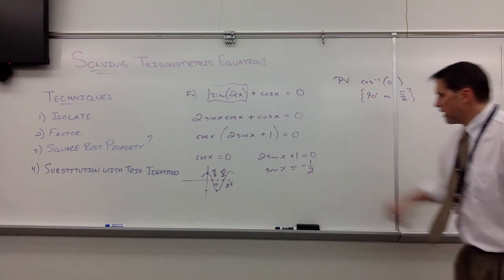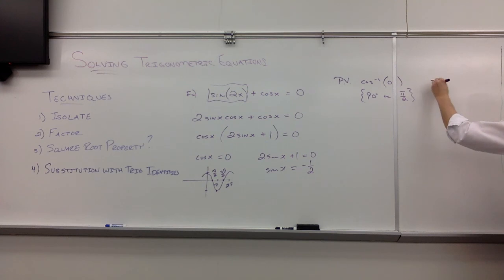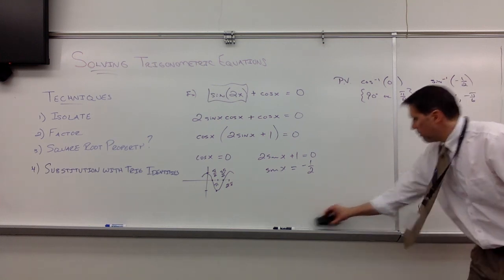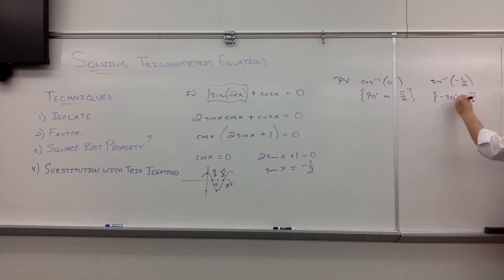Over here, sine inverse of -1/2. Again, that's going to throw you into quadrant 4. The principal value will be -30 or -pi/6. It's an or, depending on whether they want degrees or radians. Right?